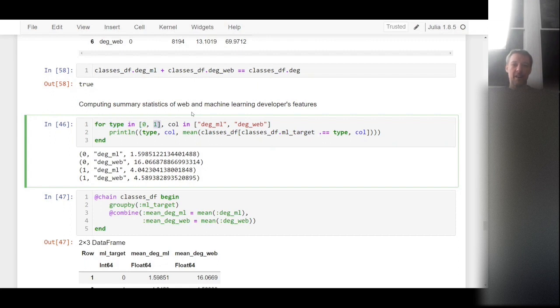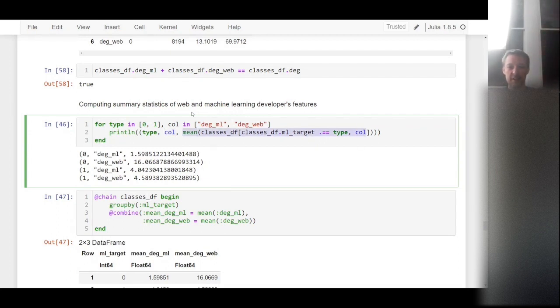So I iterate developer type to be either 0 or 1, and the column that is inspected to be either degree ML or degree web. So I'm iterating on 2 dimensions. And I will print the developer type, whether I am looking at web or machine learning friends.